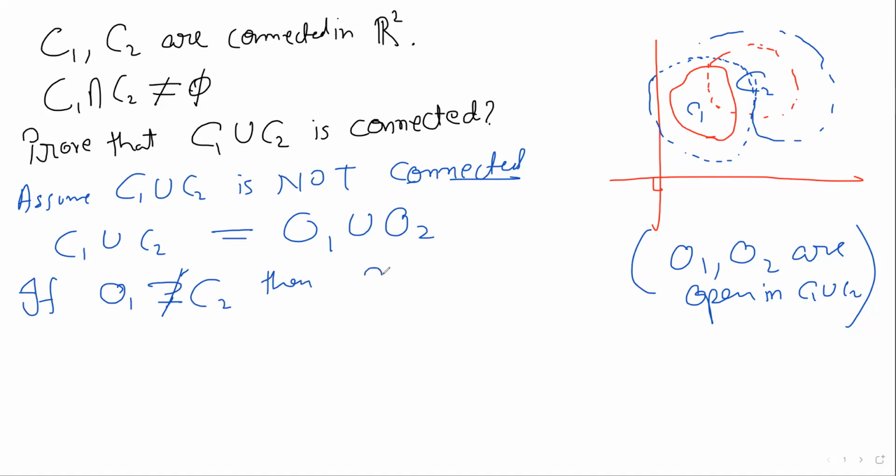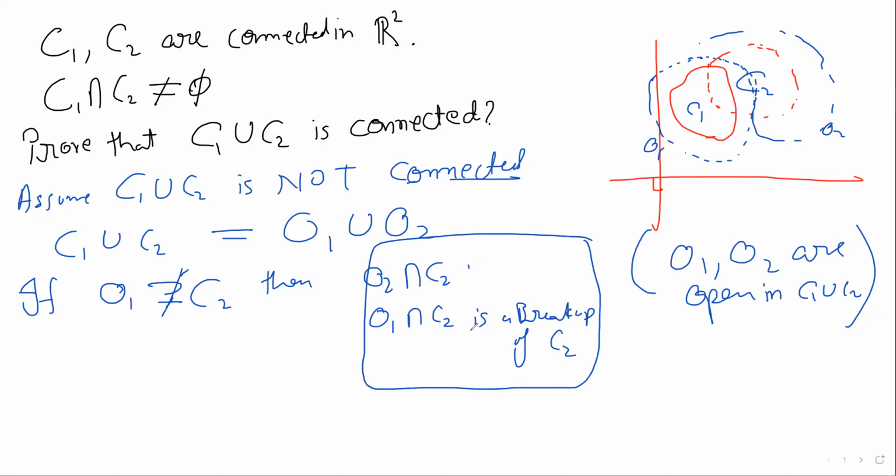It means that if you take O2 and its intersection with C2, and O1 and its intersection with C2, that is a breakup of C2. What do I mean? I mean a non-trivial breakup.